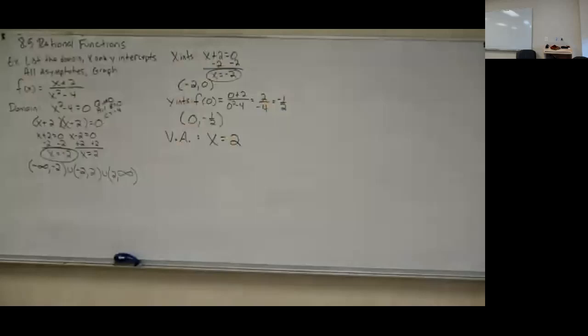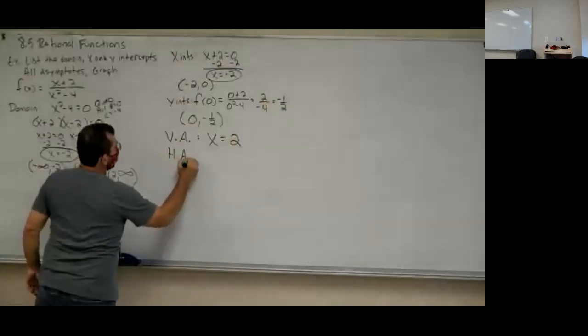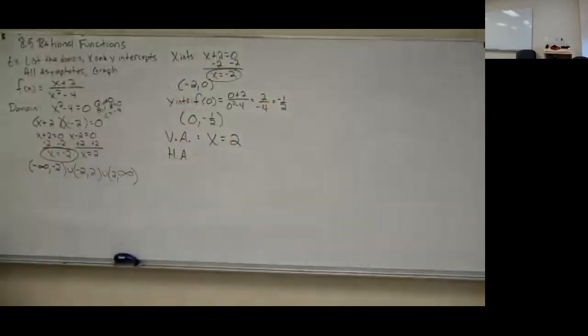All right, we need to find a horizontal asymptote. For the horizontal asymptotes, I'm looking at the degree of the top and the degree of the bottom. The degree of the top is 1, because we assume that x has a 1 by it. The degree of the bottom is 2.